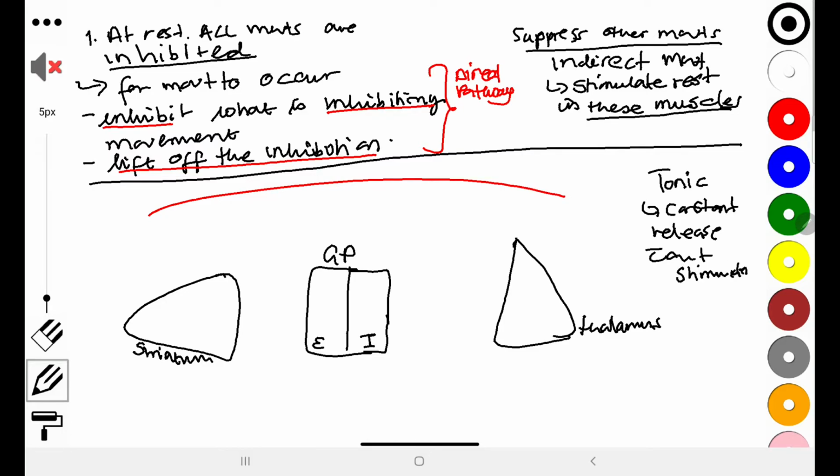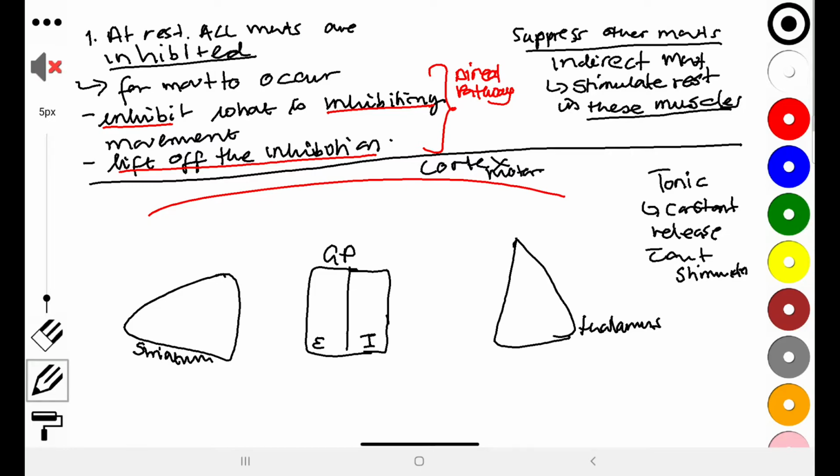So it will constantly release something even when there is no stimulation. In this pathway, this being the motor cortex, we will see that there are some of the fibers that are tonic.